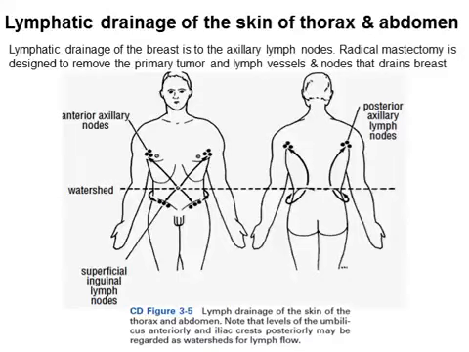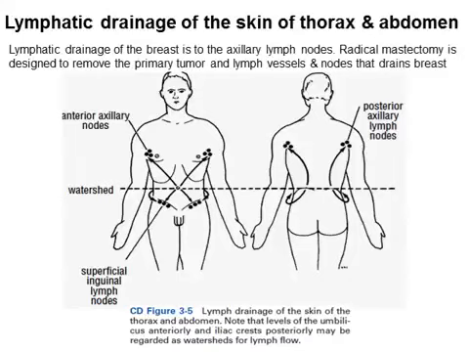The skin of the thorax and abdomen above this level is drained by the anterior axillary lymph nodes in the front and by the posterior axillary lymph nodes in the back. Everything below this level in the front is drained by the superficial inguinal lymph nodes, and also in the back it's drained by the superficial inguinal lymph nodes.